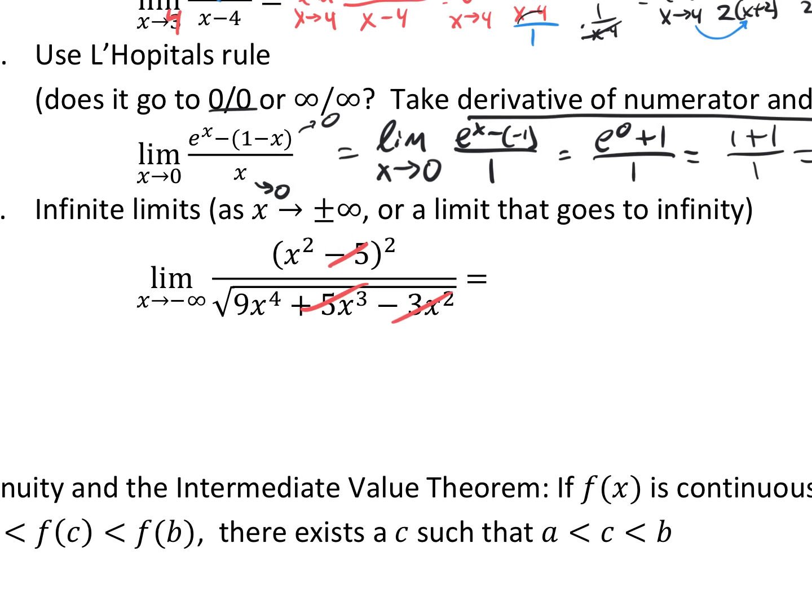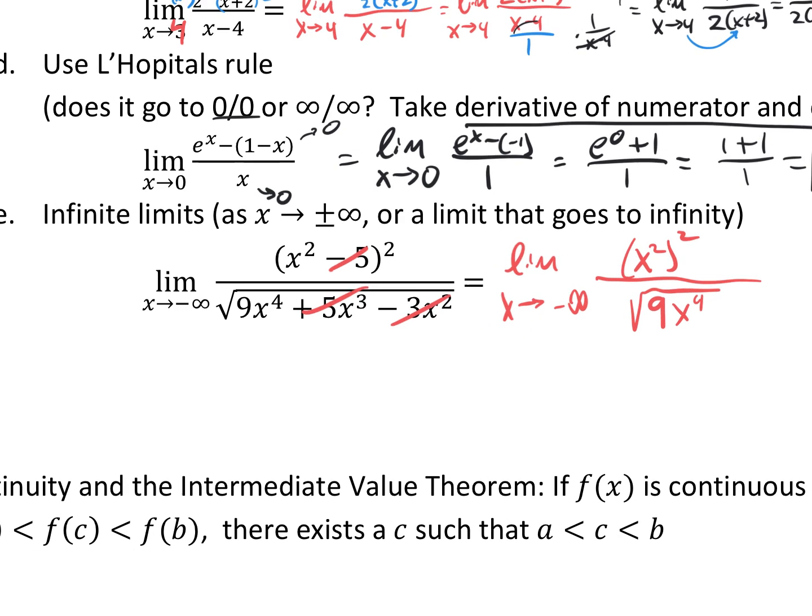So we can rewrite this as the limit as x goes to negative infinity of x squared all over the square root of 9x to the 4th. So this fraction is not equal to this fraction. They're very different fractions. But the limit as we approach infinity is the same.